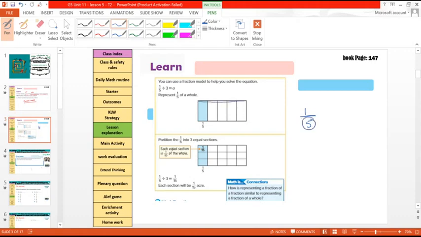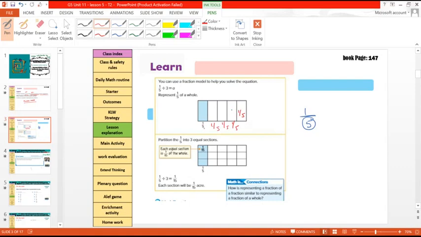One, two, three, four, five. Each part is one fifth. This is one fifth, this is one fifth, this is one fifth, this is one fifth, and this is one fifth. Together it will become one whole.